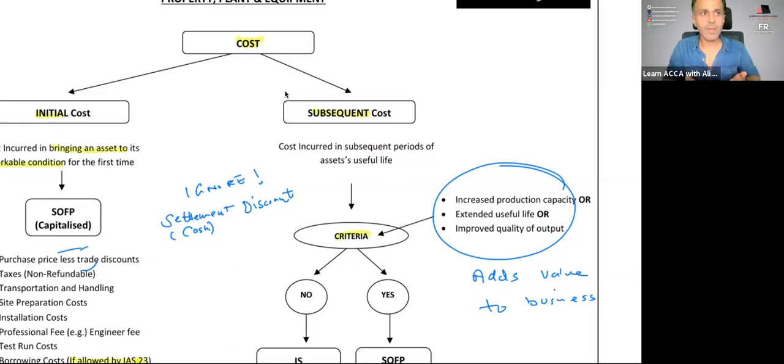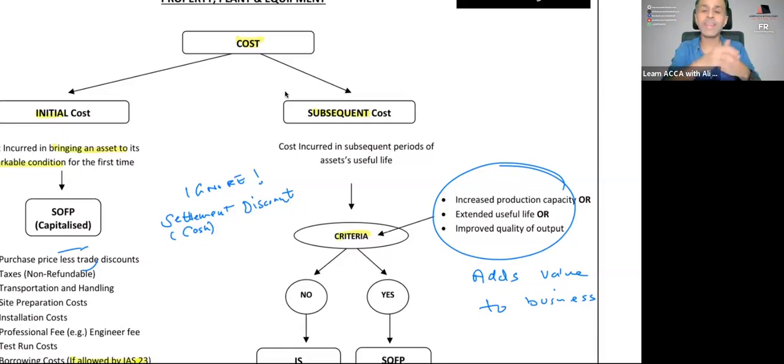I haven't made my workspace look any bigger. It's the same building which I had since the start, and I have refreshed its paint. So repainting the building after 2 years is an example of a subsequent cost, but that subsequent cost is not going to add any extra penny to the business. It will rather maintain. That's the reason why always in your life, repairs and maintenance costs are always expensed.